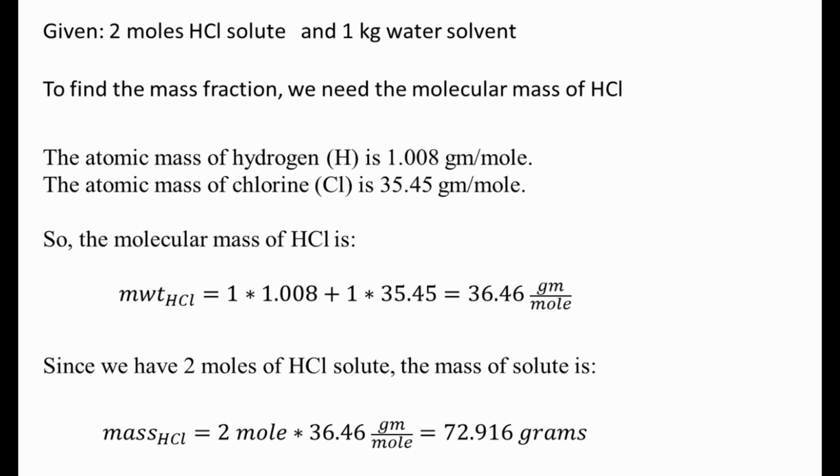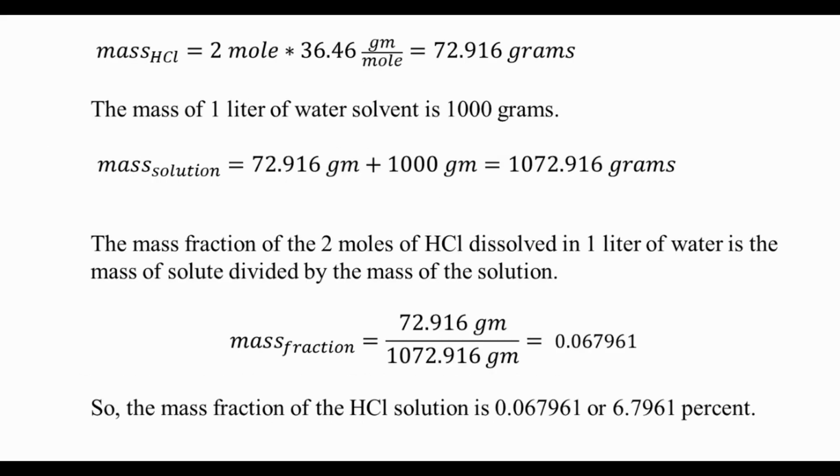So the molecular mass of HCl is 1 times 1.008 plus 1 times 35.45 equals 36.46 grams per mole. Since we have 2 moles of HCl solute, the mass of solute is 2 moles times 36.46 grams per mole equals 72.916 grams. We already know the mass of 1 liter of water solvent is 1,000 grams.